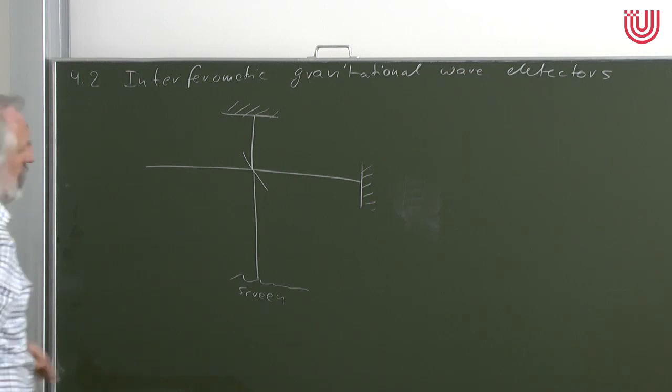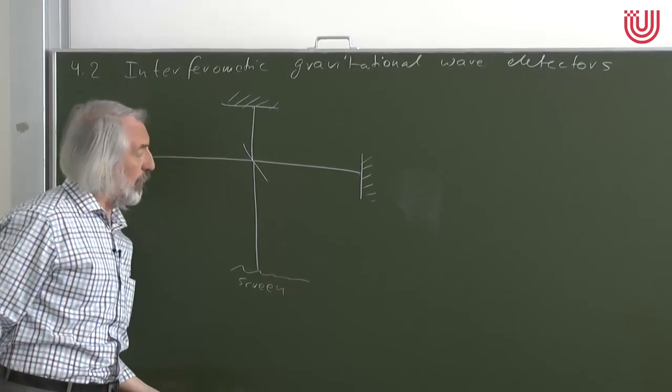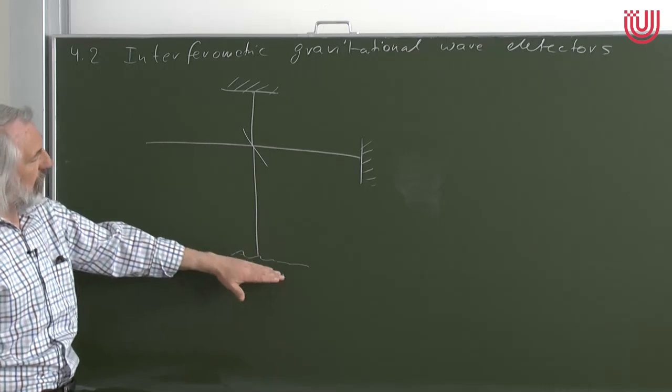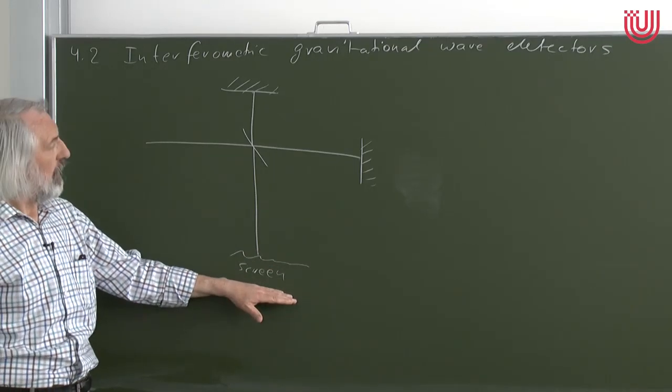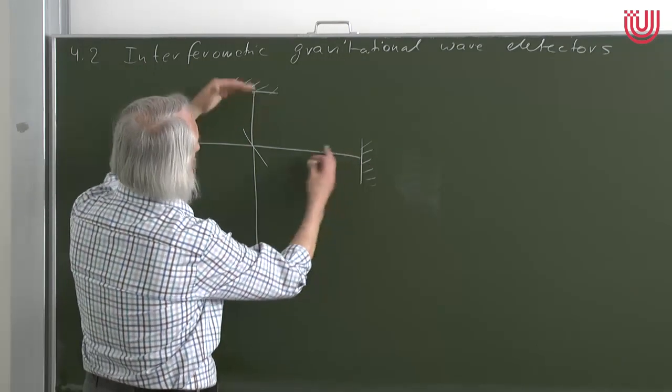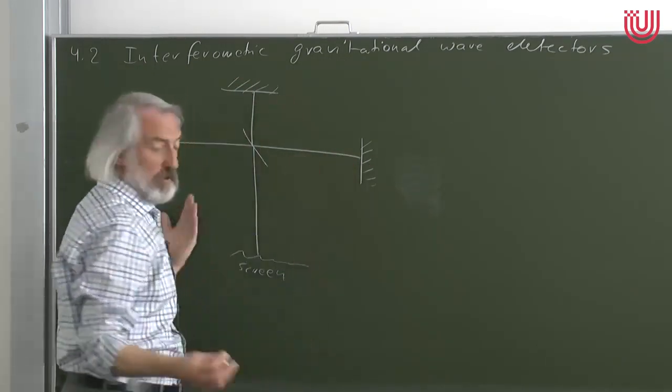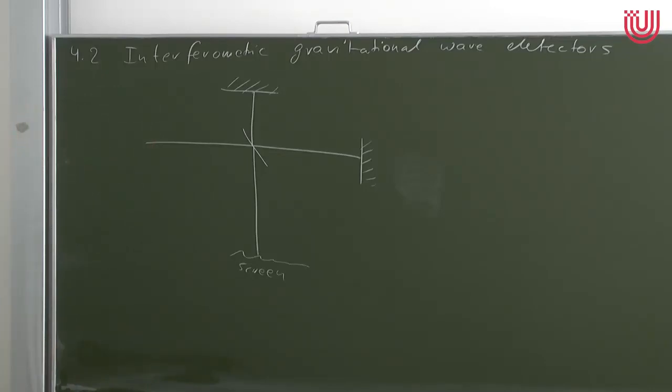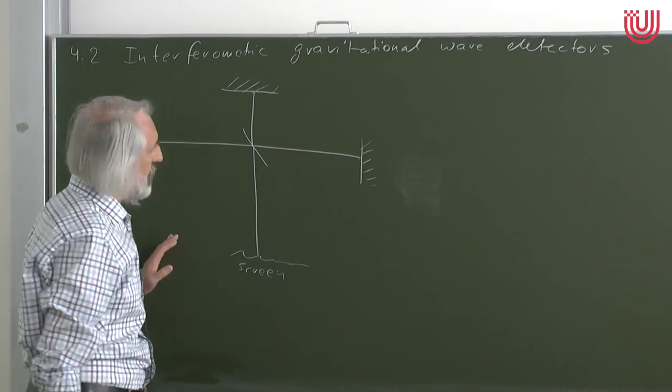And what you get here is a superposition of the two beams, so you get an interference pattern. The interference pattern changes whenever the distance between one of the mirrors, or both of them, and the beam splitter changes. So how do you measure gravitational waves with such a thing?